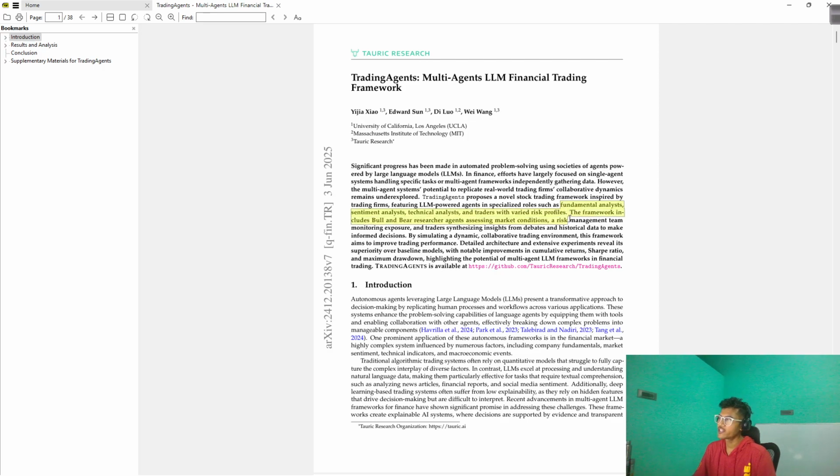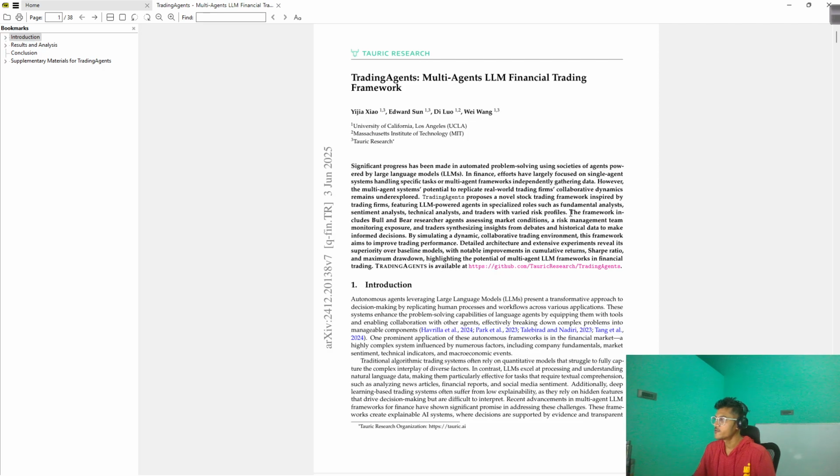You can choose different combinations of it. The task is to emulate the trading firm's features powered by LLM agents, and then execute the trades, let the system run and see how it works.